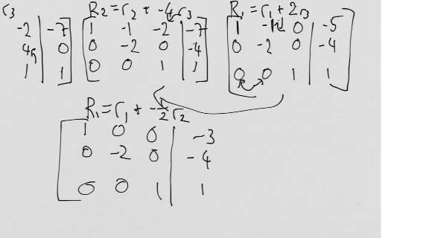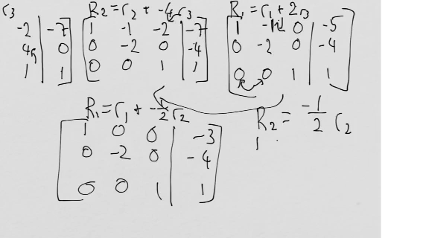Now that we've got that step done, we're going on to the final one, where all we have to do is divide by -2, because we have the zeros on both sides. So we're editing R2 equals, remember we can't divide, so we're going to multiply by -1/2 R2.